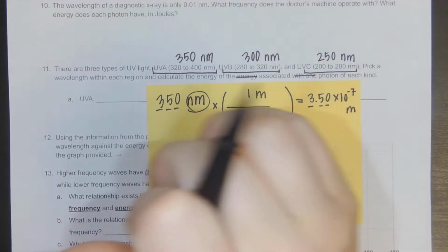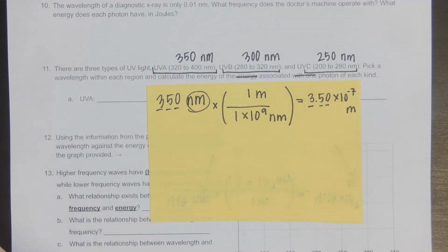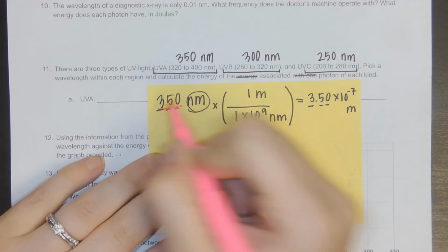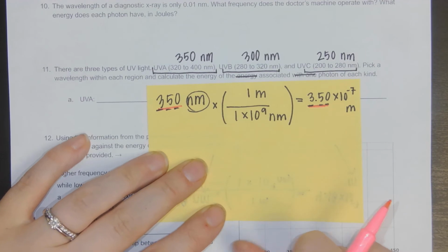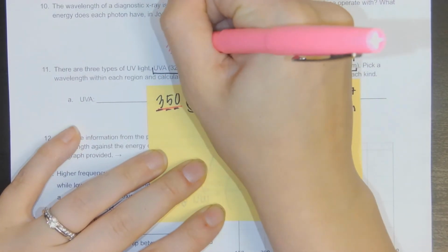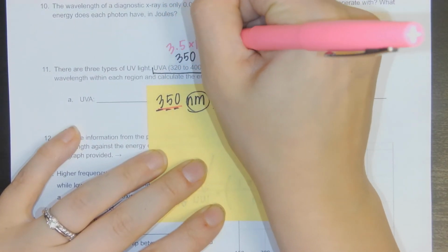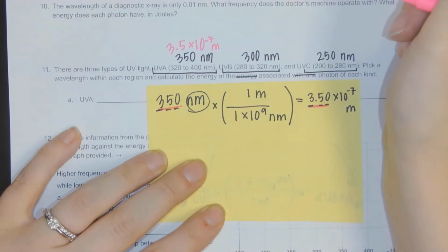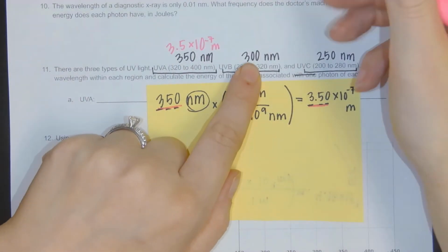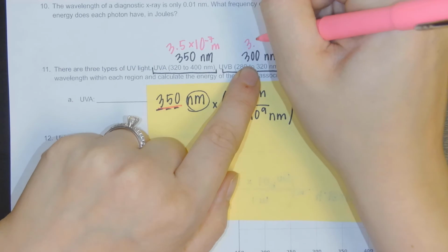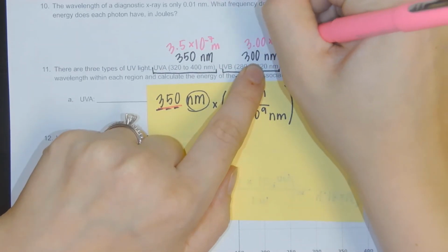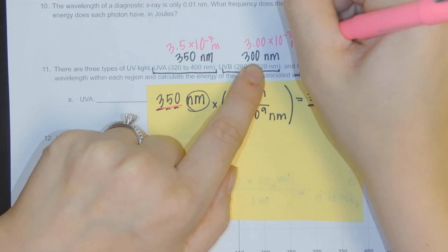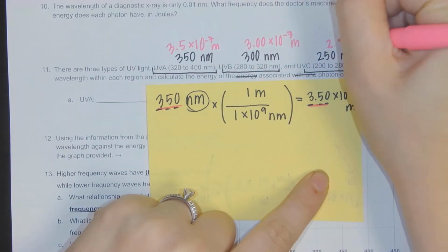So doing my magic conversion here, if 350 is the same as 3.5 times 10 to the negative 7, I'm not going to get my calculator out to do these ones. I'm just going to follow the pattern. A 3-digit number will just be to the negative 7th.